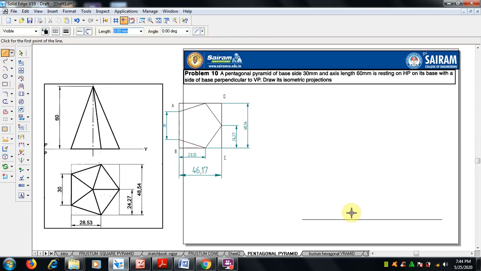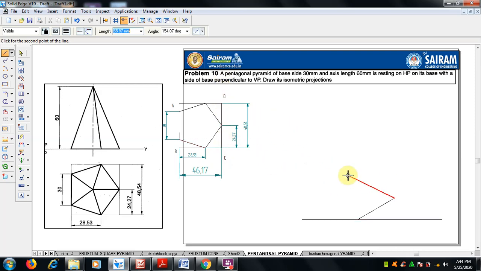So select the line command and draw here. So 46.17, the BC I am going to draw here, 46.17 length at a 30-degree angle. Clear? Now I have to draw CD here.